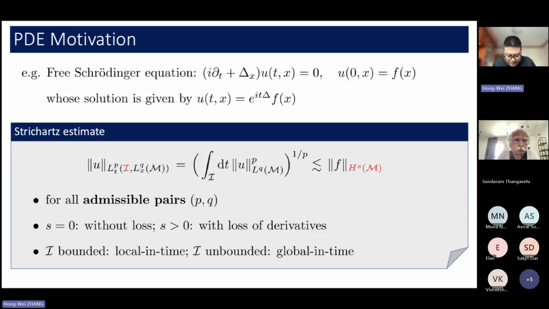What I want to know is whether the Strichartz estimates work or not on locally symmetric spaces. But before that, I want to shortly recall the PDE motivation and what a Strichartz estimate is, why we care about it, and why it's interesting.